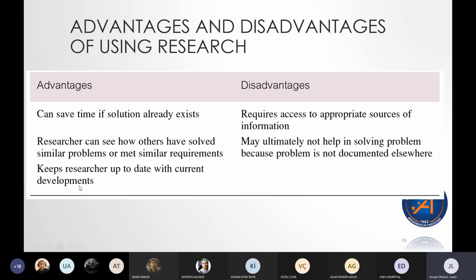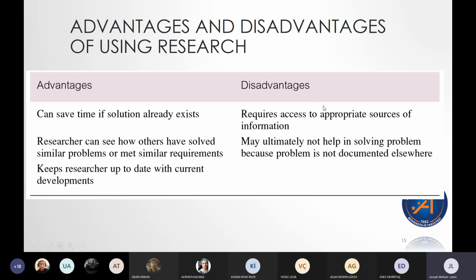Okay. It also has an advantage in that it keeps me as the researcher up to date with current developments, what's called state of the art. So there may be new systems and new solutions to problems that I haven't thought of, that I have not kept up with. Researching things can help me keep up to date with those things.